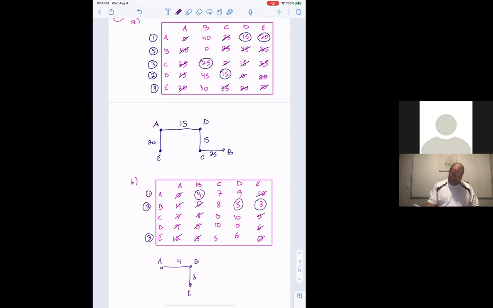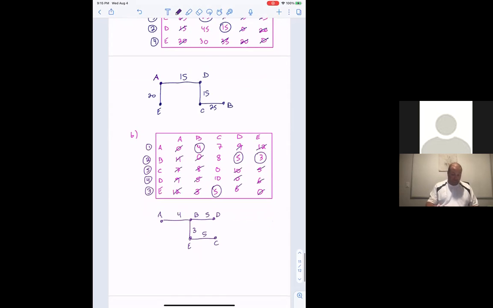I'll do this one here. B to D, 5. D is 4th. Cross those out. And the smallest number left is 5 again, and that's E to C. And that is my minimal spanning tree for that one.